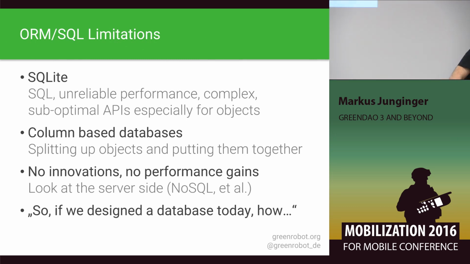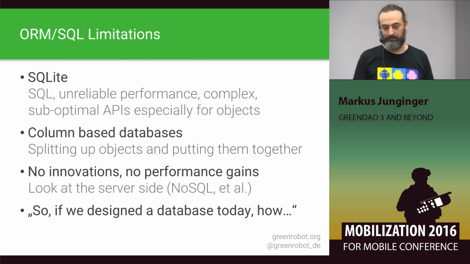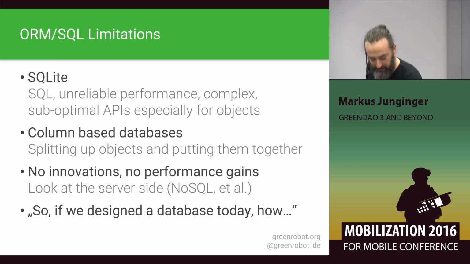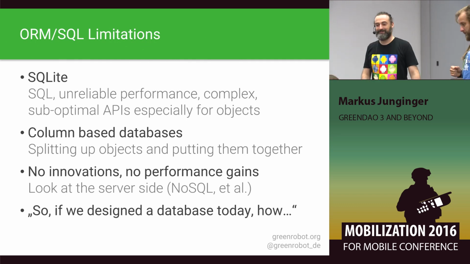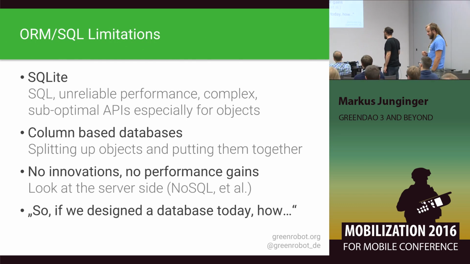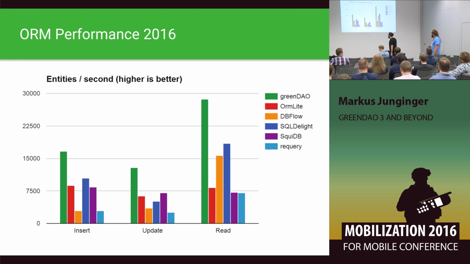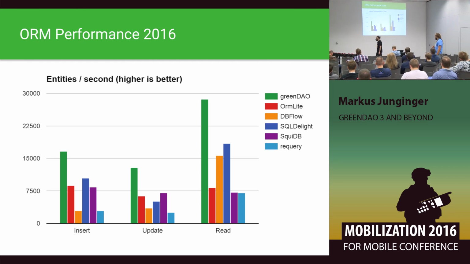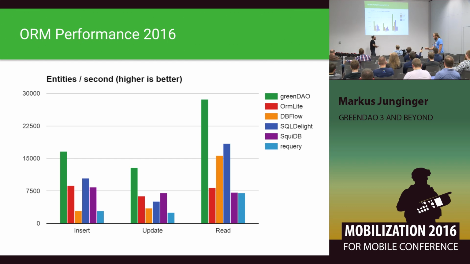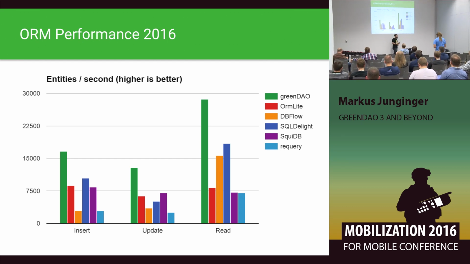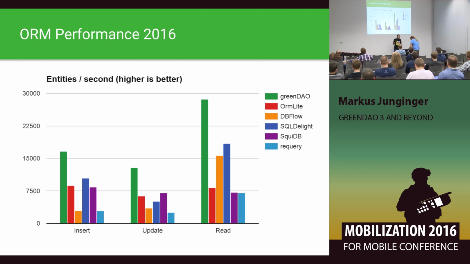I have a question about the performance, because there was a list of different frameworks, and what about Realm? There was no Realm. What's the difference in performance? So Realm is, yeah, it depends.